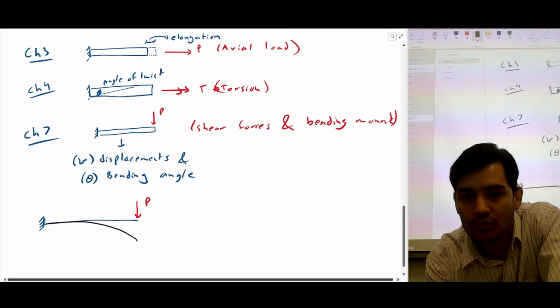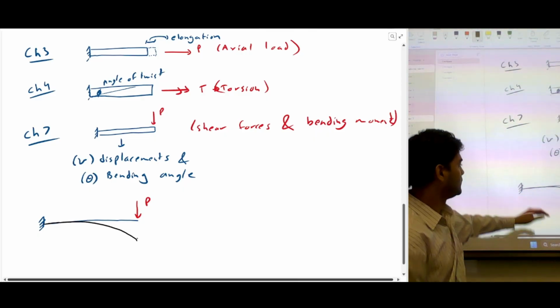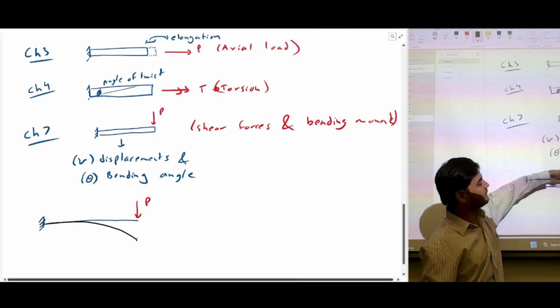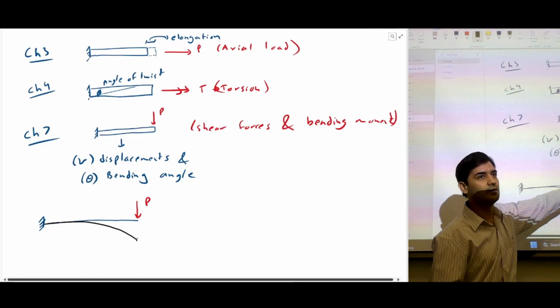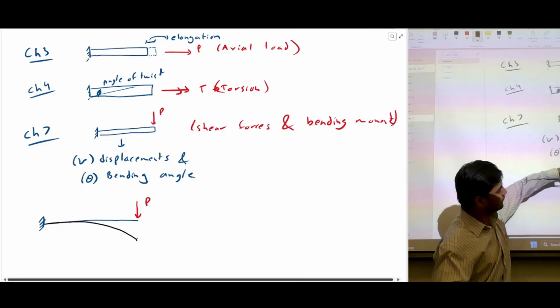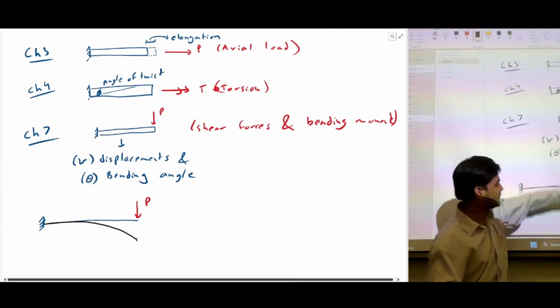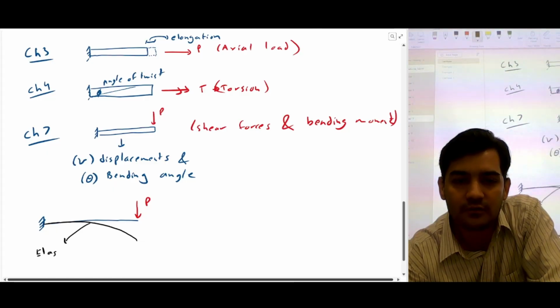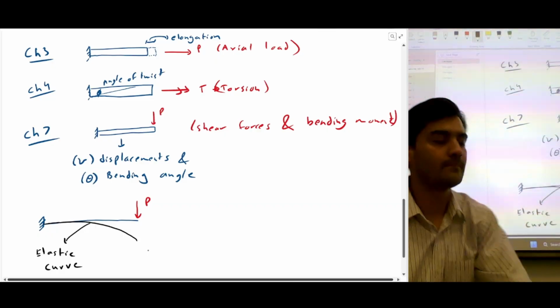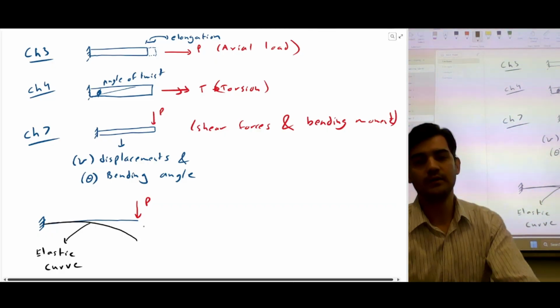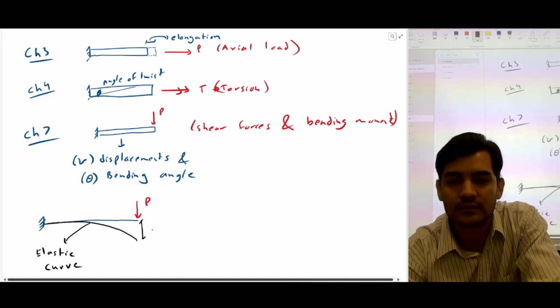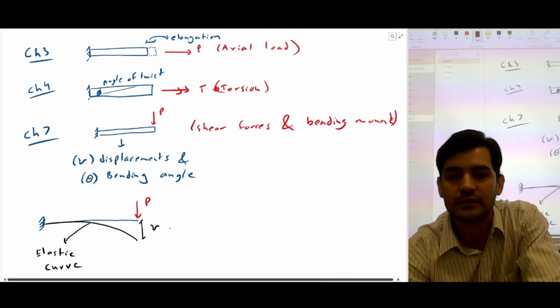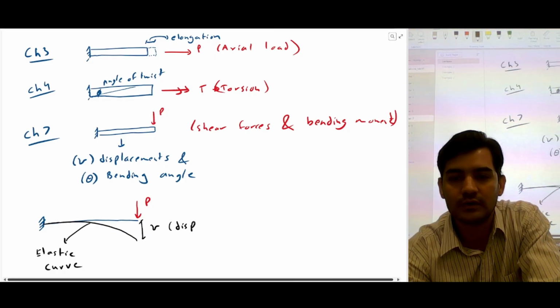So originally the cantilever beam was straight. You applied a load and then it just kind of had this curve shape. So this shape is called elastic curve. And this distance is called displacement.